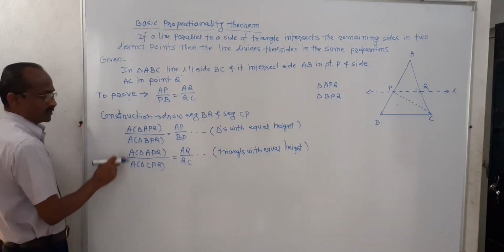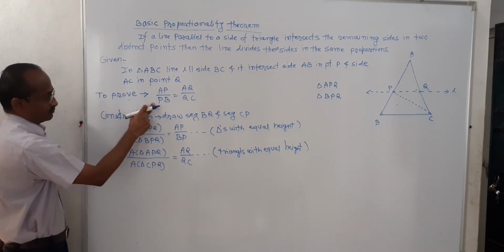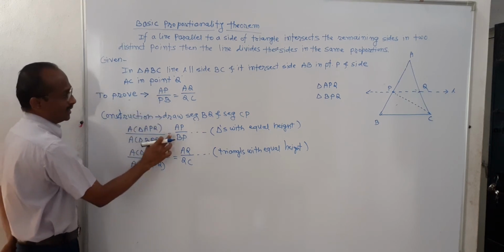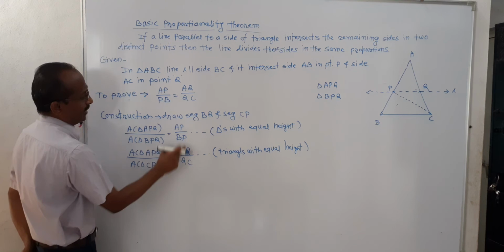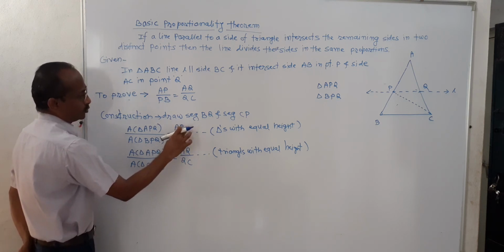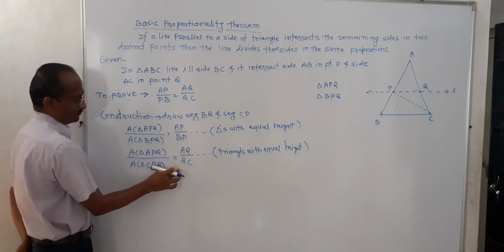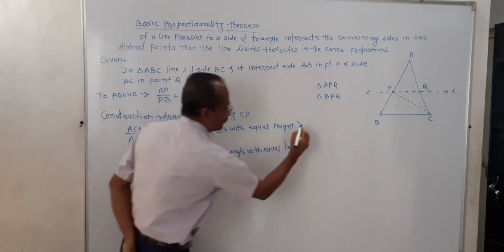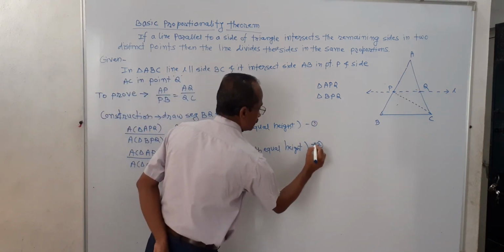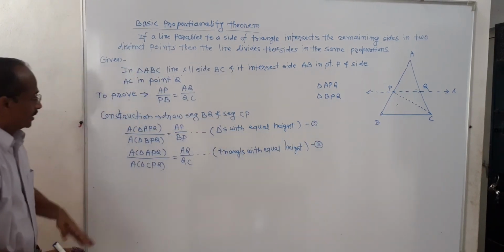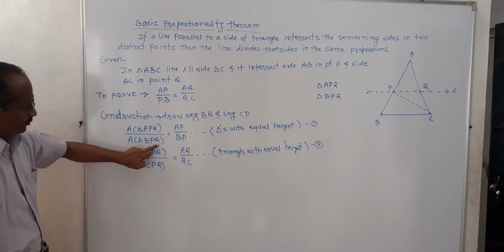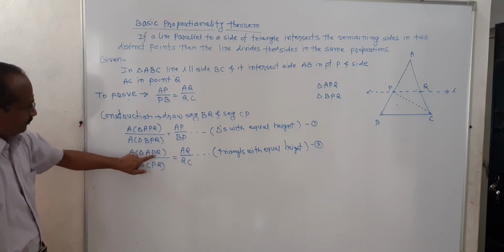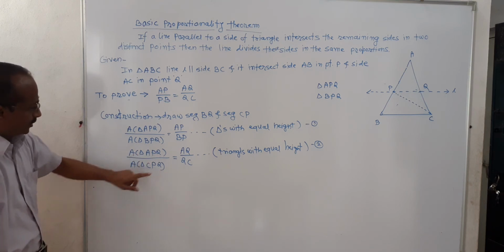Now see these two equations. We have to prove AP by PB equals AQ by QC. These two ratios are equal if the left-hand sides of these two equations are equal. Now see the left-hand side: area of triangle APQ divided by area of triangle BPQ, and area of triangle APQ divided by area of triangle CPQ.